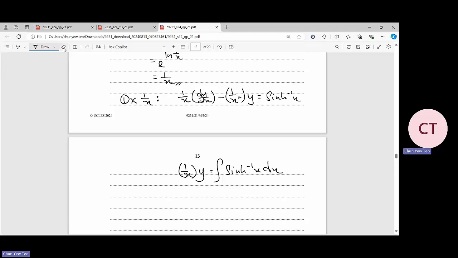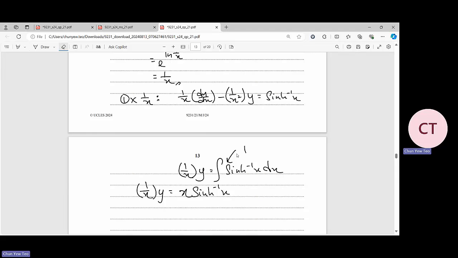Will do. Just integrate your right hand side. You need to use integration by parts to integrate it. So you integrate by parts, it will be x arcsine of x, because this one is considered as multiplied by 1.